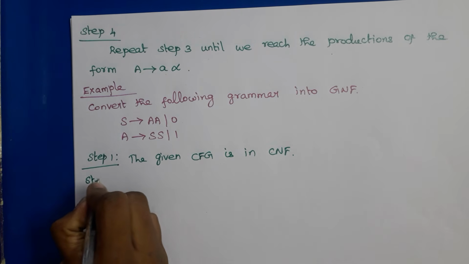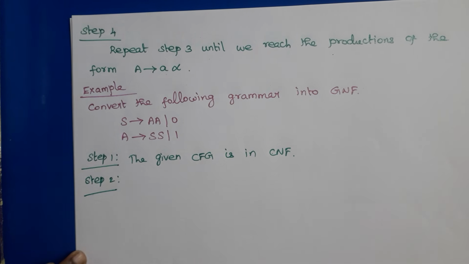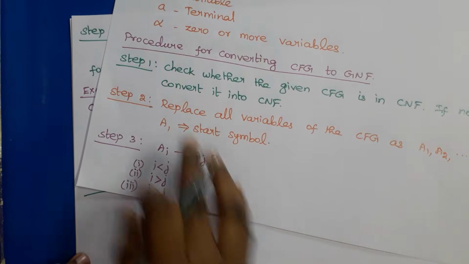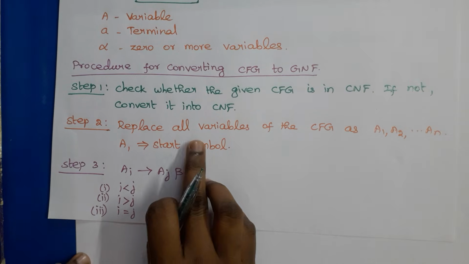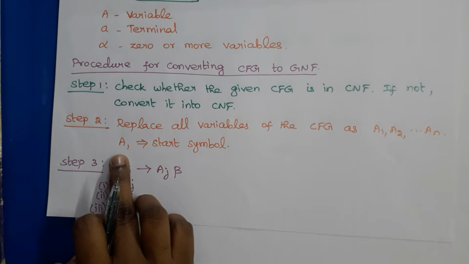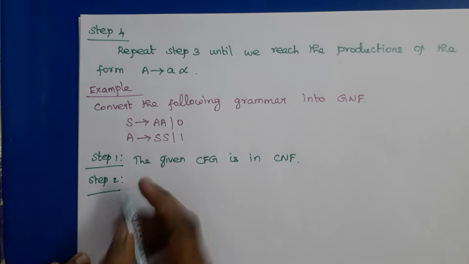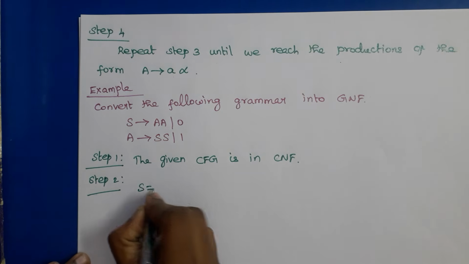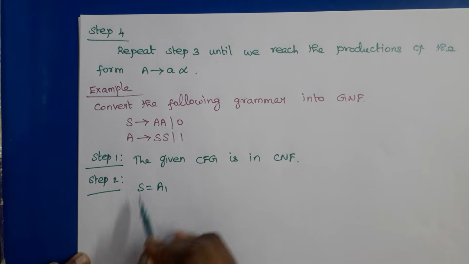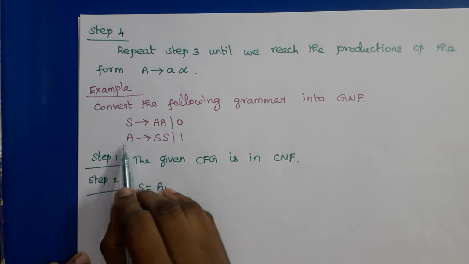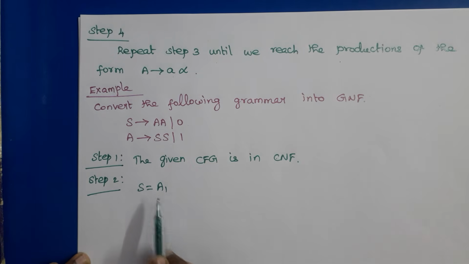Then step 2 is we have to introduce A1, A2 up to An for all the variables, and start symbol must be replaced by A1. So with A1 we have to substitute A1 for S, and only two variables here, so we are going to use A1 and A2.